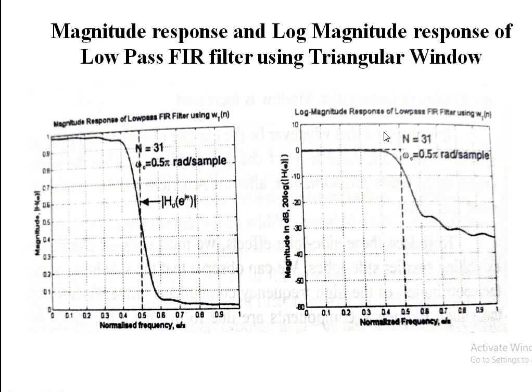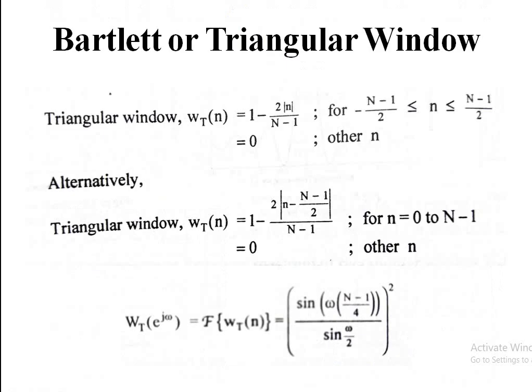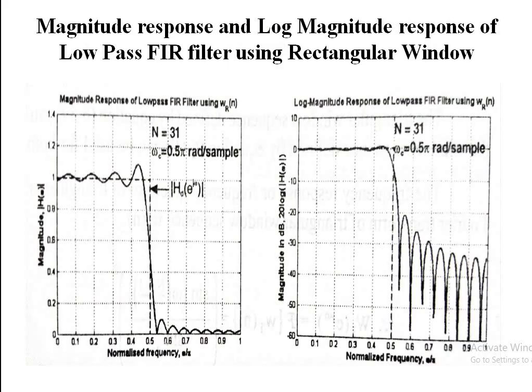When we compare the magnitude response and the log magnitude response of a low pass FIR filter designed using a triangular window, we observe that the triangular window produces a smoother magnitude response for the FIR filter when compared to the response in the case of the rectangular window.